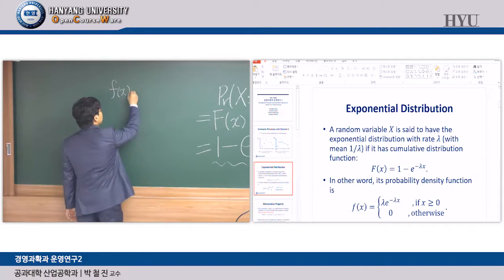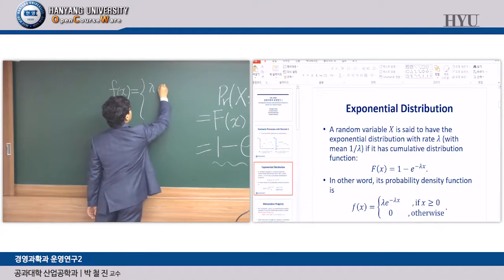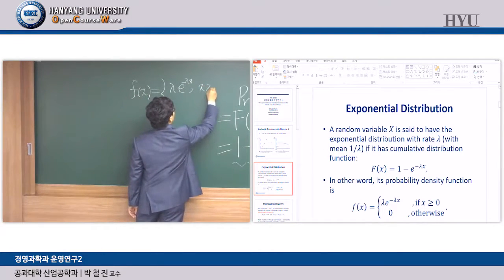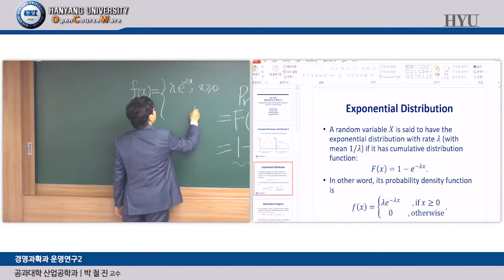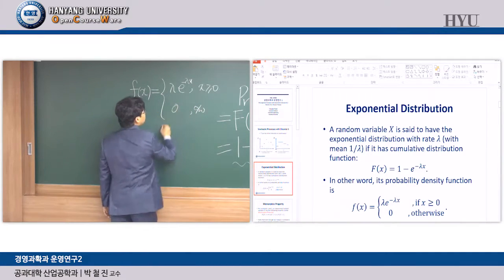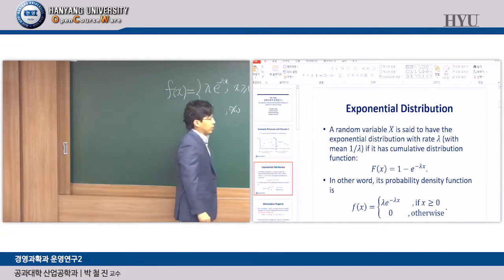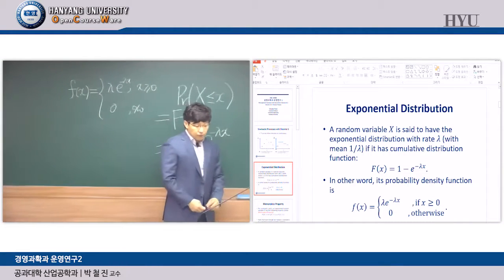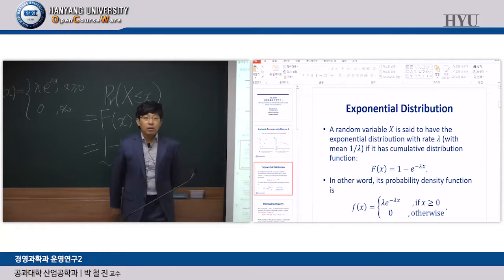Small f of x is lambda times e to the negative lambda x for all non-negative x. Otherwise, we give 0. Then we call this random variable an exponential random variable.